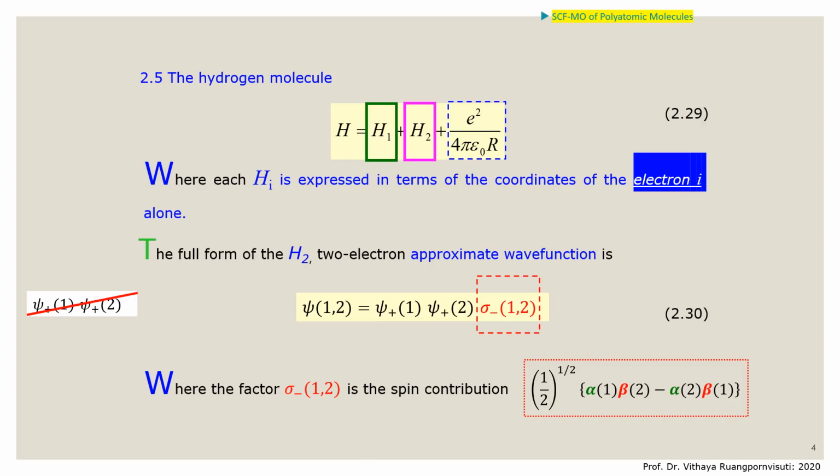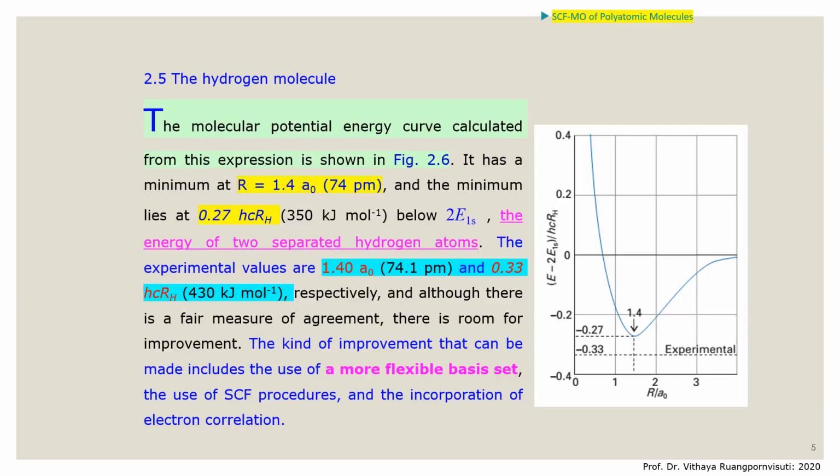This factor sigma(1, 2) is the spin contribution as shown in the equation below. The expression is based on the Hamiltonian operator and approximate wave function of the hydrogen molecule as mentioned on the previous slide.